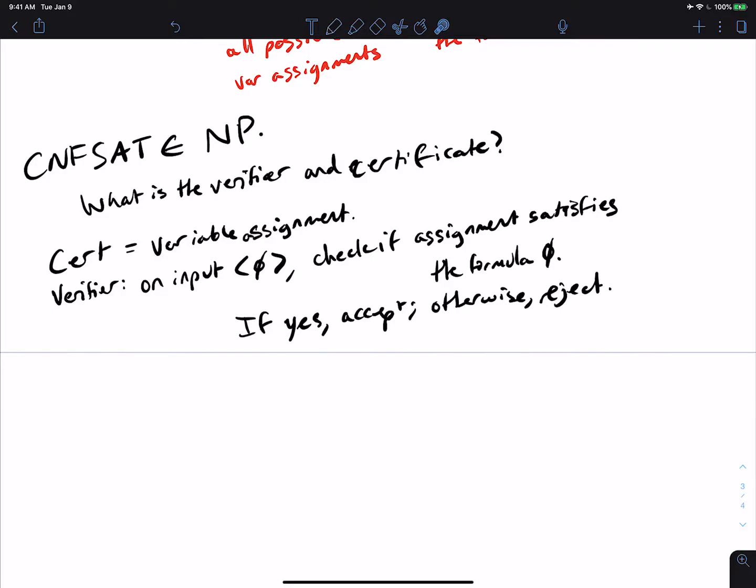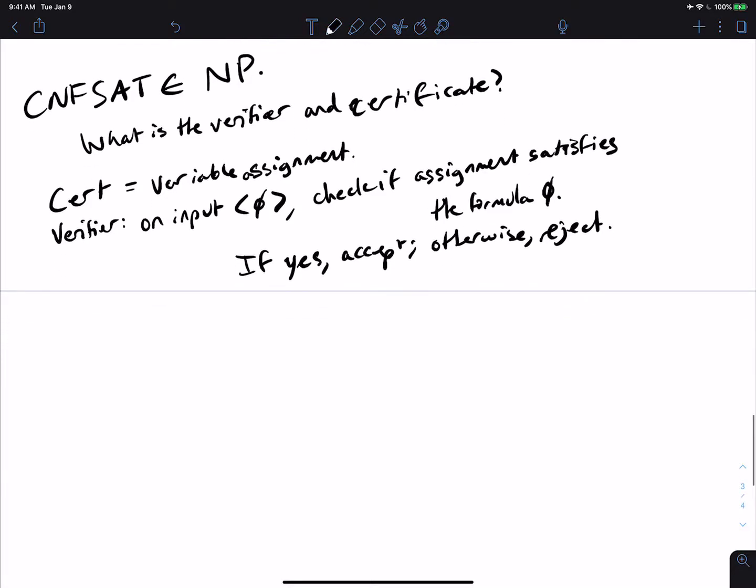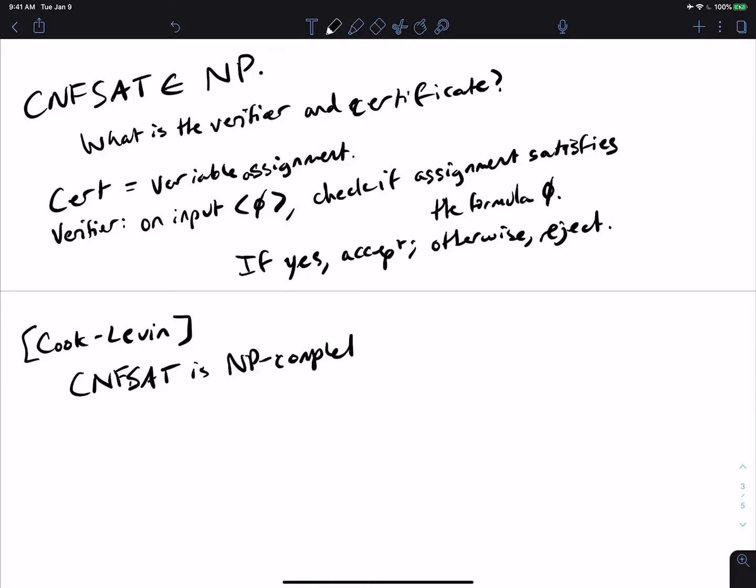But just because it's in NP doesn't imply that it's NP complete. So what did Cook and Levin do? This is what Cook and Levin showed: CNF-SAT is NP complete, meaning that they showed that CNF-SAT is NP hard.